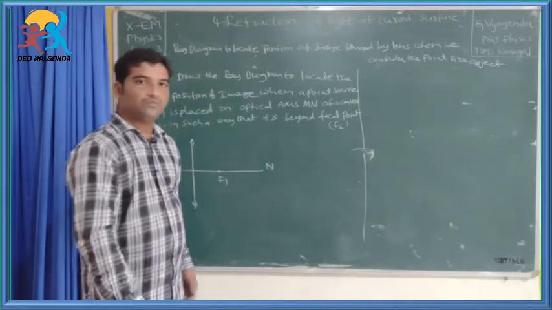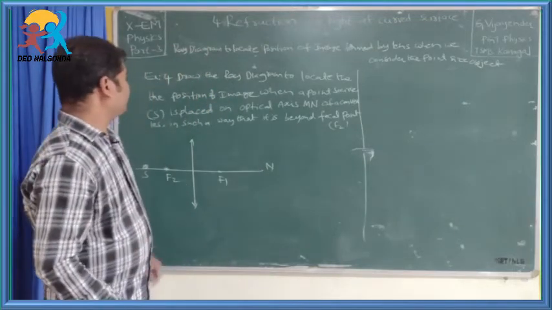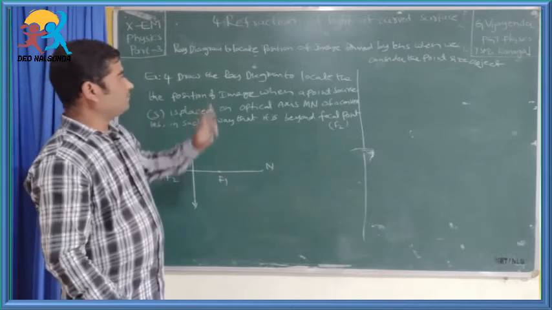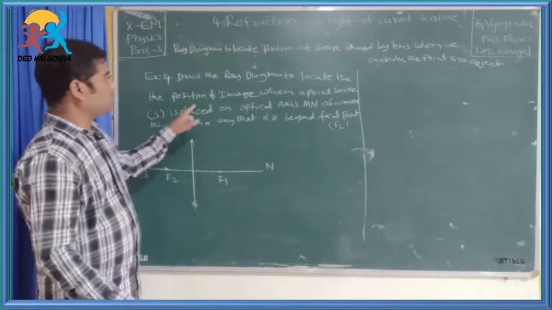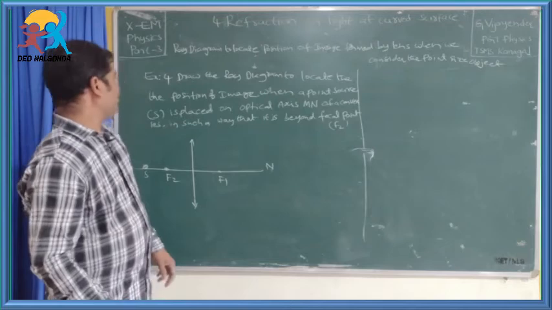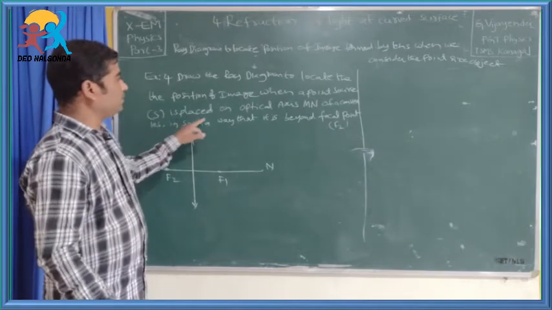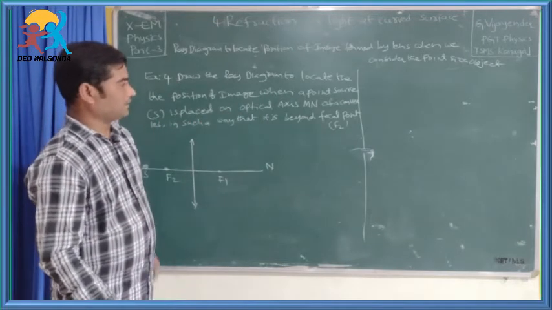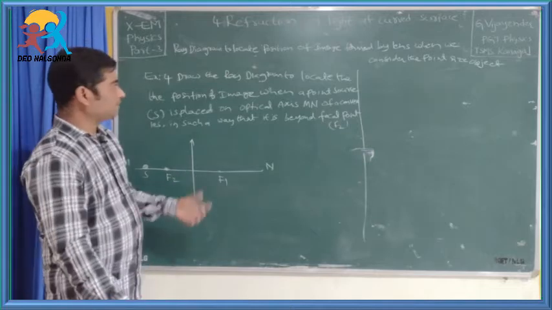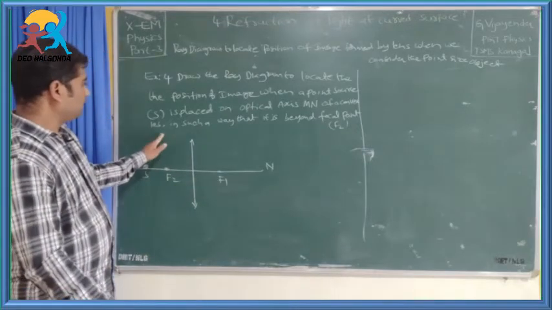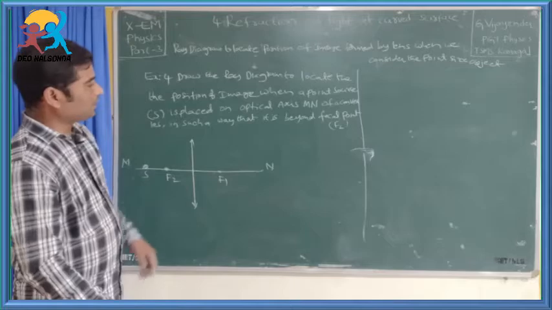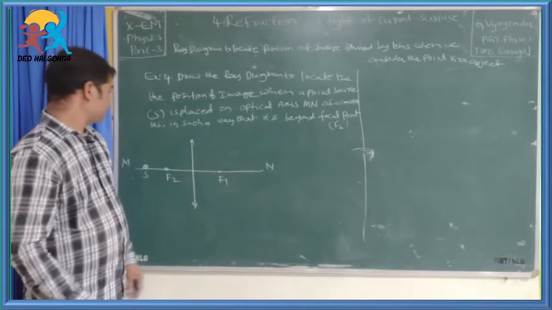We have the examples 4 and 5. In example 4, we have to draw the ray diagram to locate the position of image when a point source S is placed on optical axis MN of a lens in such a way that it is behind the focal point F2.